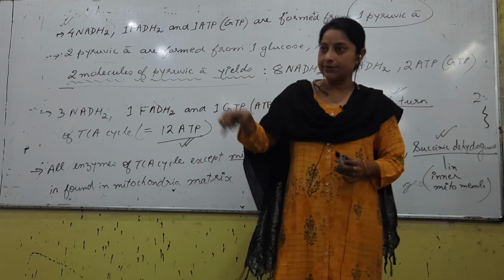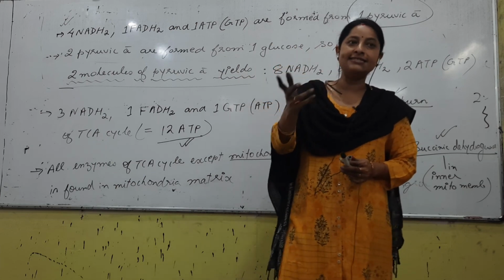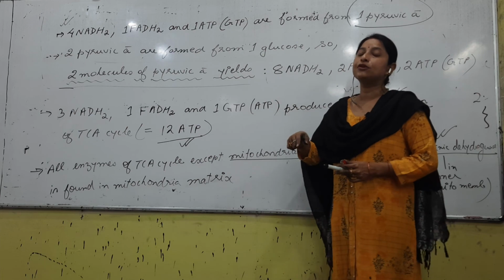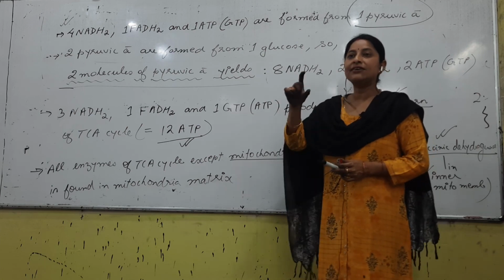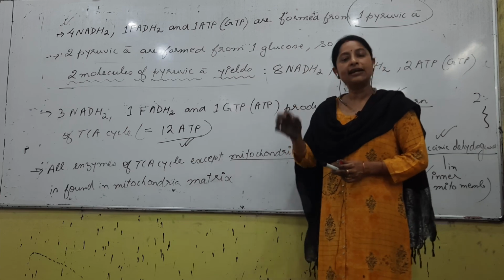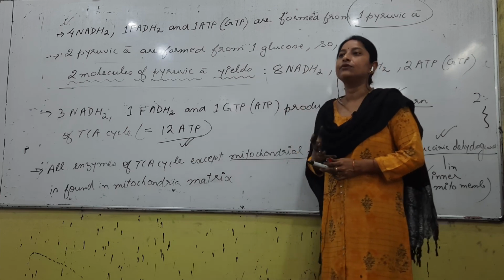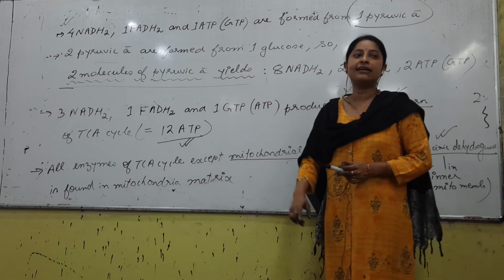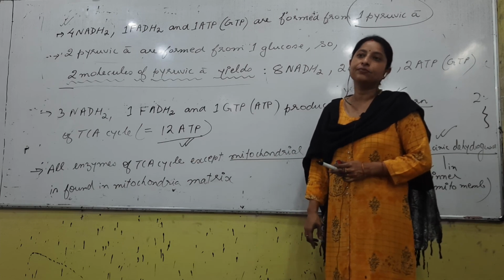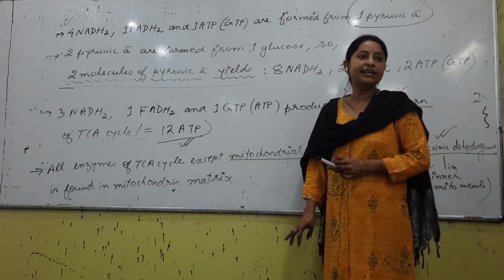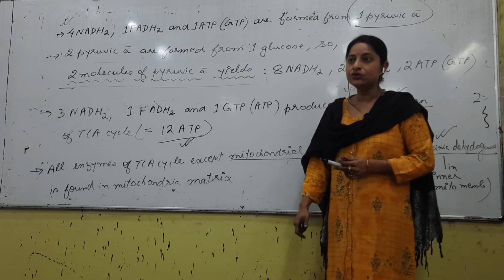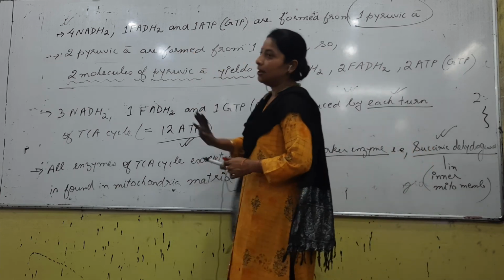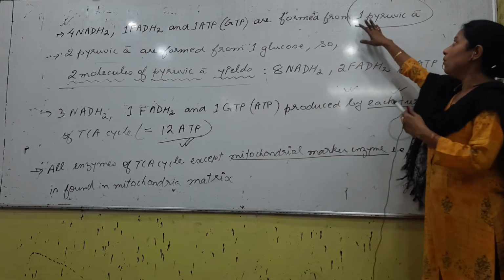Citric acid forms, ultimately oxaloacetic acid is regenerated, and the cycle produces three NADH2. But if we say pyruvic acid, the link reaction is in between, so we have to calculate the product of the link reaction as well. That makes the calculation 4 NADH2. In the link reaction, one FADH2 is produced, one ATP is produced, and NADH2 is the other product.